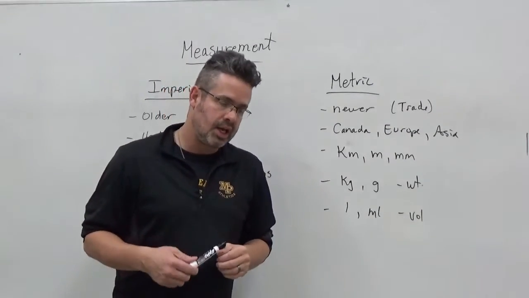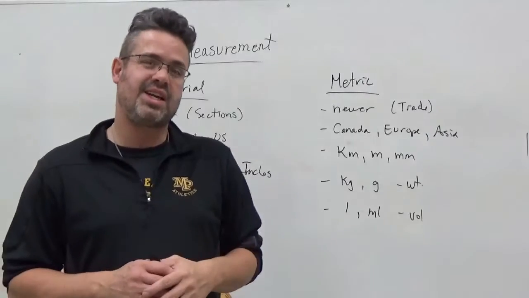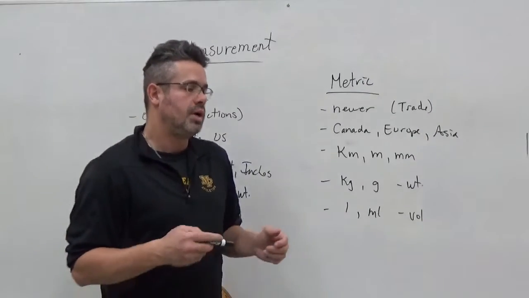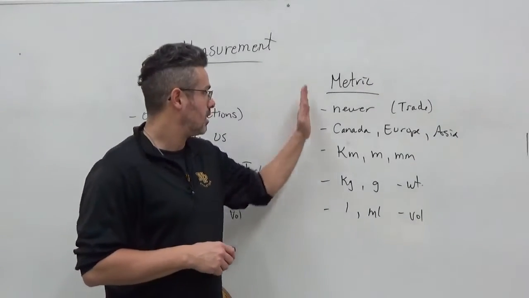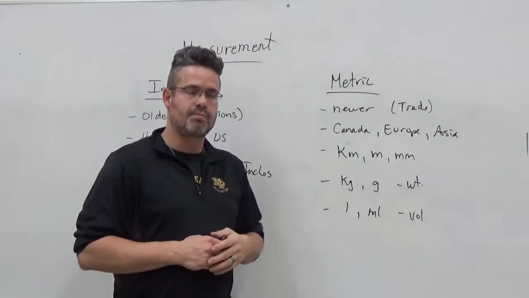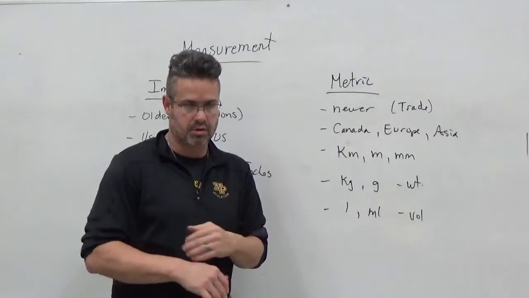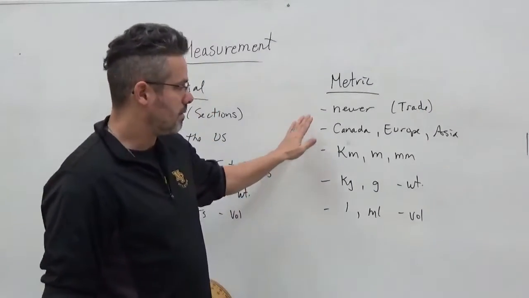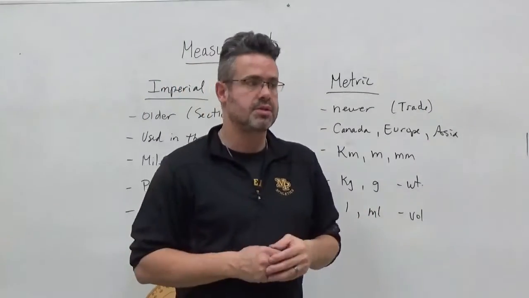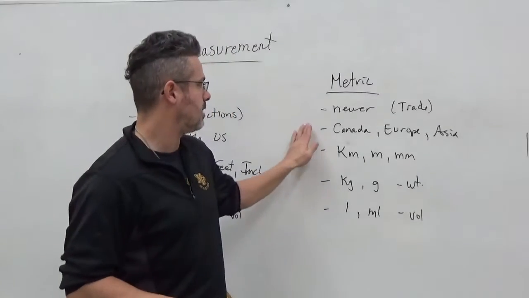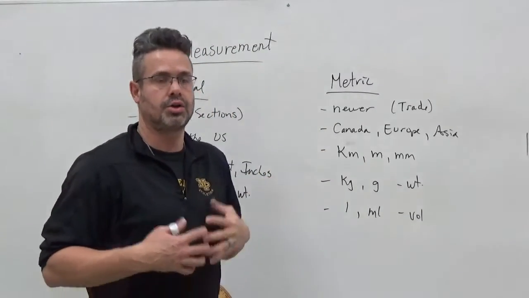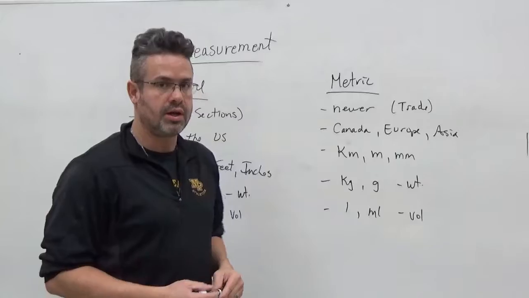And then in about the 1960s or so, we started to move towards the metric system, basically to improve our trade partners across the world. So Europe and Asia, China specifically, trading with them was much easier when our goods were in metric units.